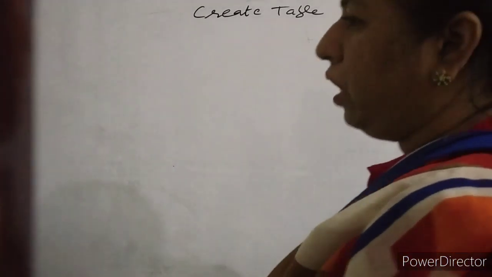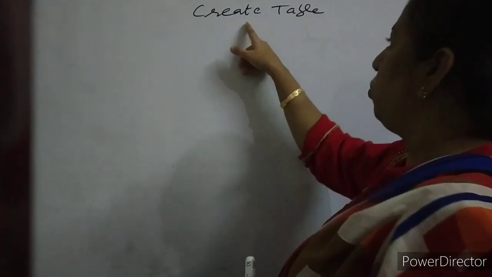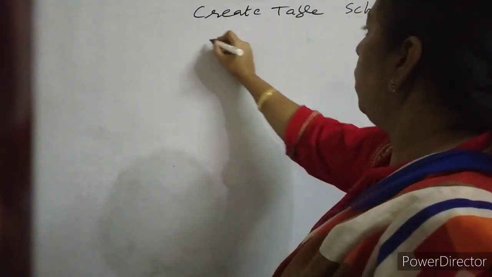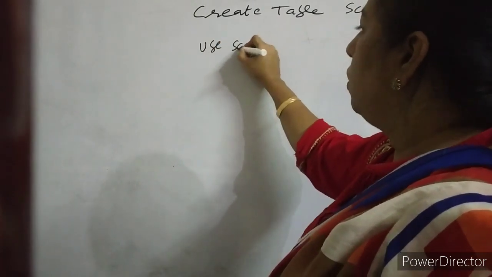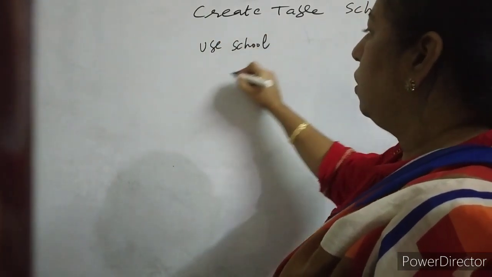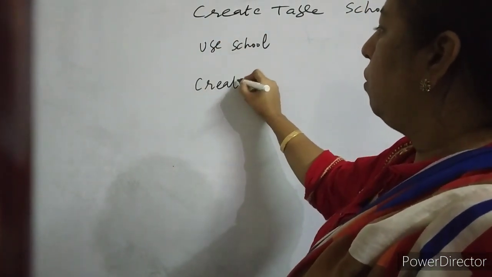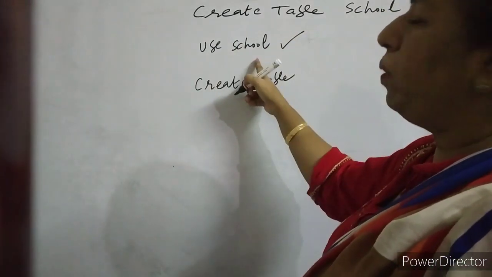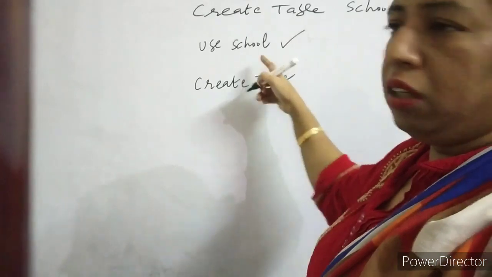First create the database, then use the database, then create the table. For creating the table, first step you have to write is create database school, then use school. Second step, open the database, then create table. Because if you are creating the table, it is a must to open the database first.